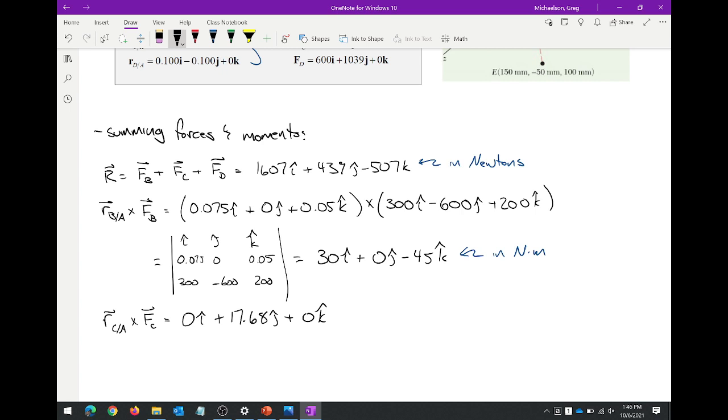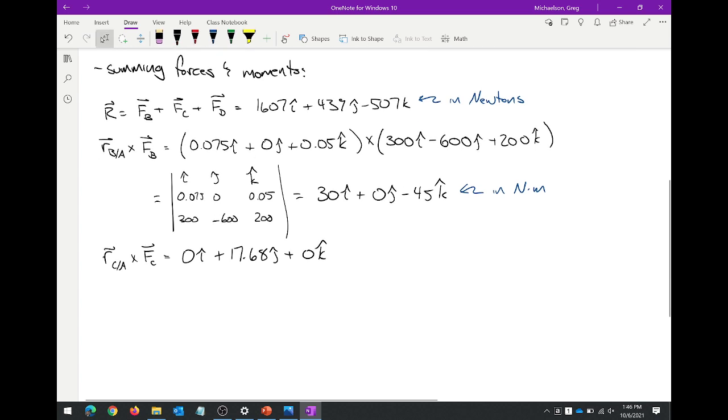It may seem like a little bit of extra writing, but I have found it reduces error. And the last one, when you chug this out, you get 0i plus 0j plus, it's like 163.9k.